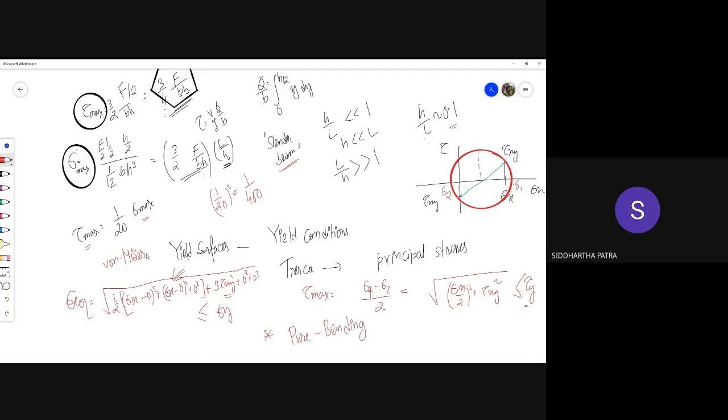Because tau xy, or even the maximum shear stress, you do realize this is not everywhere. Only at the neutral axis is this maximum. Everywhere you have this situation where you can simply neglect the shear stress due to bending. Does this make sense?